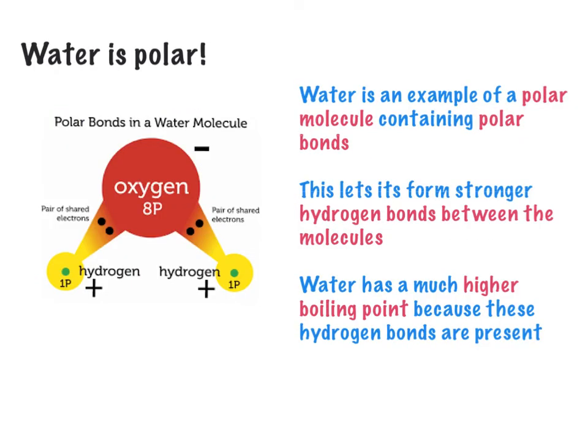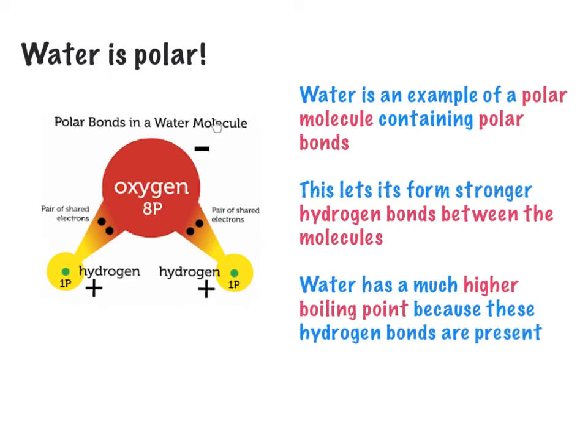Now let's have a look at which one is really super important to us and all living things. Water has got 1, 2 hydrogens and 1 oxygen. And we actually find out that the electrons spend much more time at the oxygen side than they do at the hydrogen side.